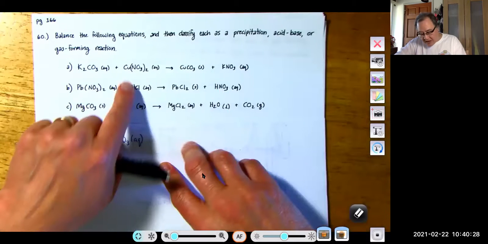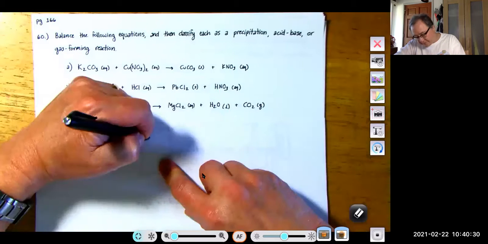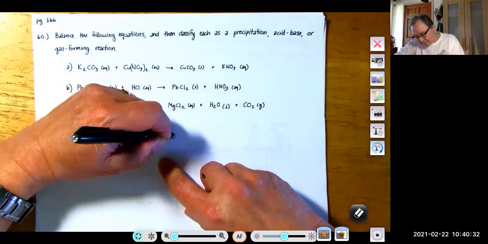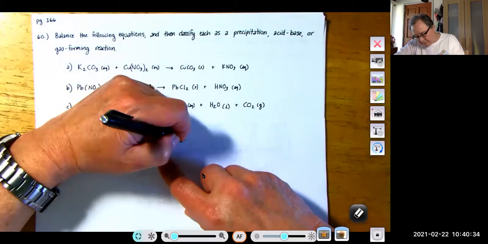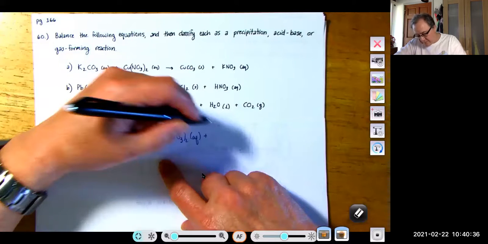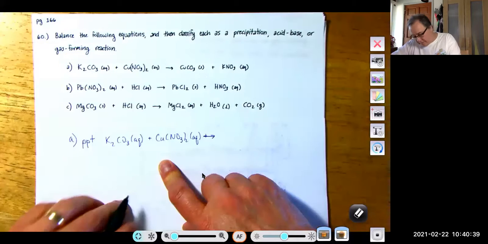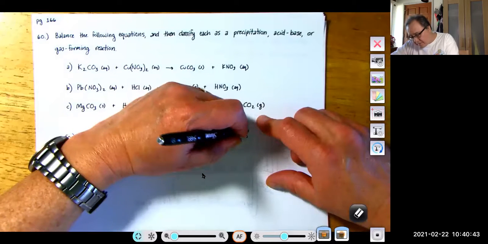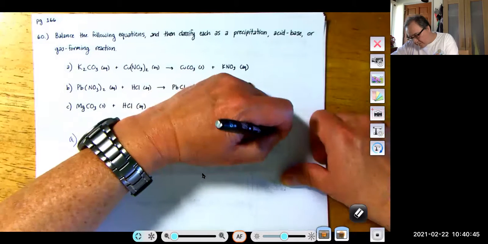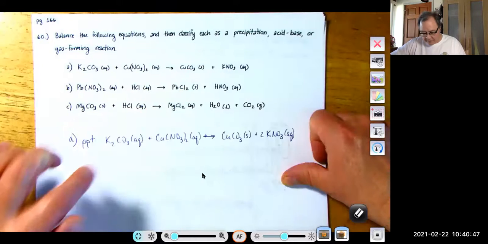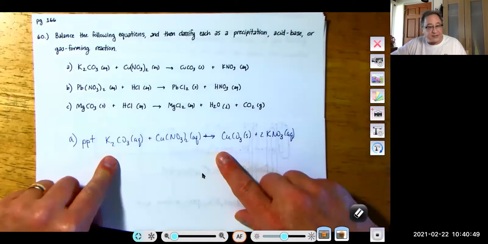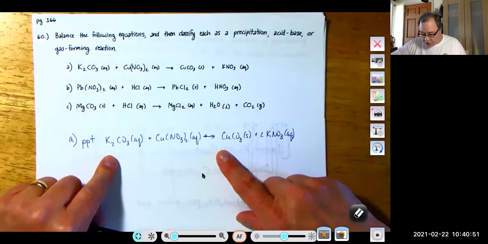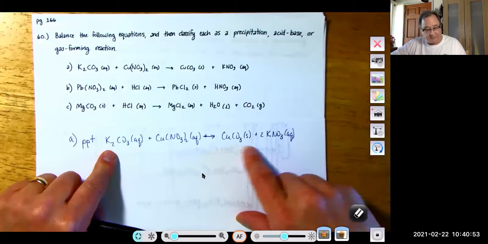One copper, 1 copper. So this looks to me like it's balanced now with a 2 in front of there.